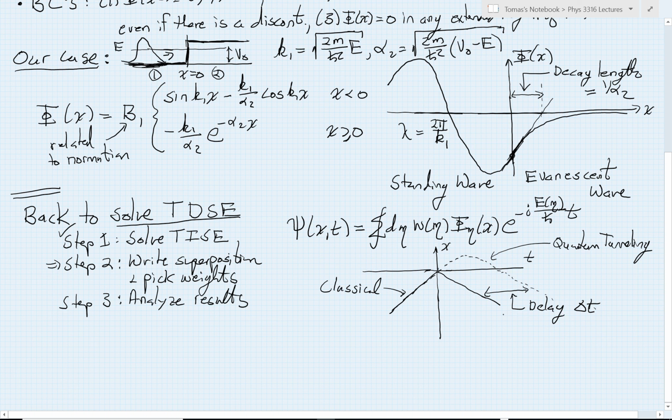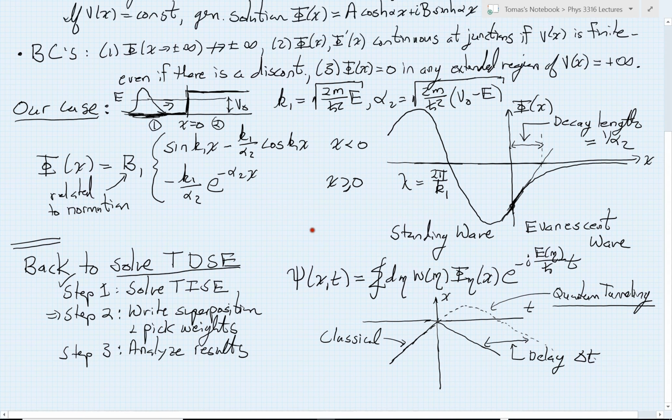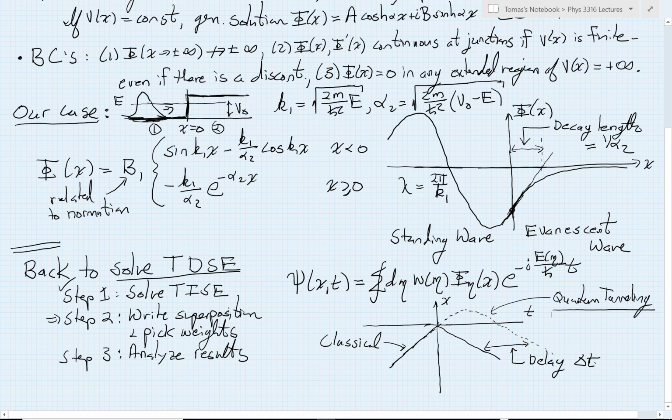But the key signature that something interesting has happened, that we've actually entered the forbidden region, a phenomenon known as quantum tunneling, is that there is going to be a delay in the time at which this packet comes back out, and that delay time, delta t, is something that ultimately we want to understand. And I'd like to just foreshadow for you a little bit. You might want to think about what might determine how long we actually spend in there.